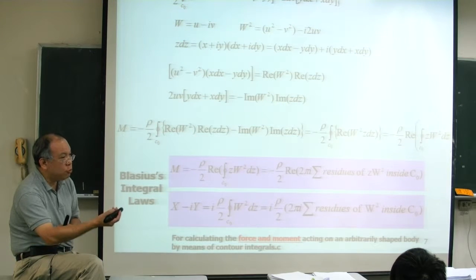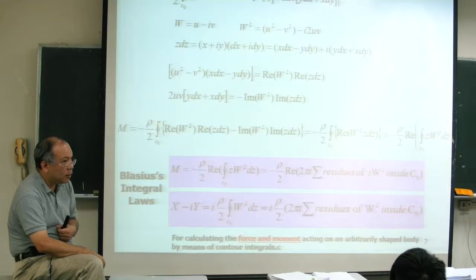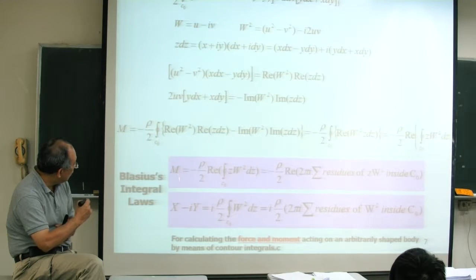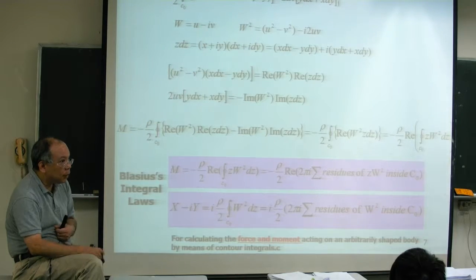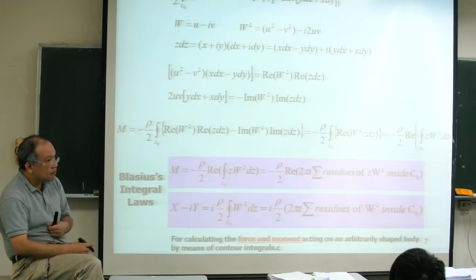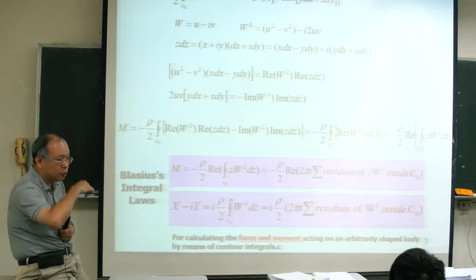So eventually you will use these two equations to find your force in the x direction and force in the y direction, as well as your moment, once you find your complex velocity. That's how powerful the Blasius integral law is.